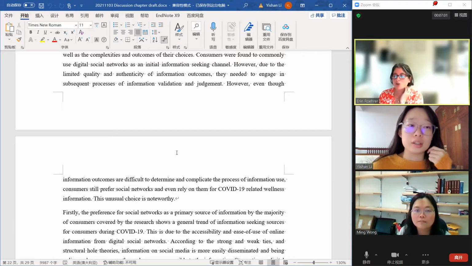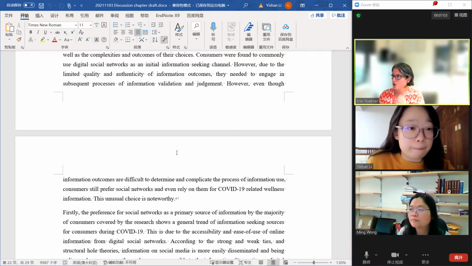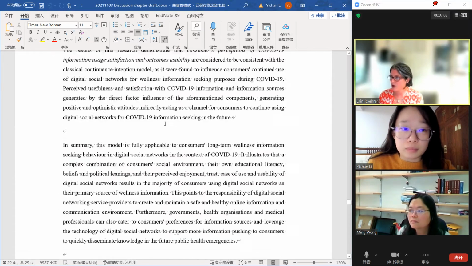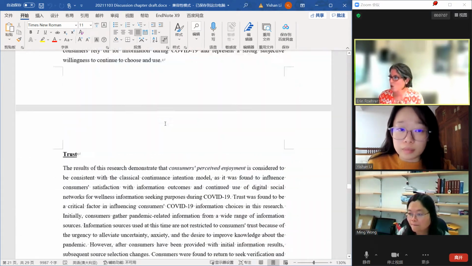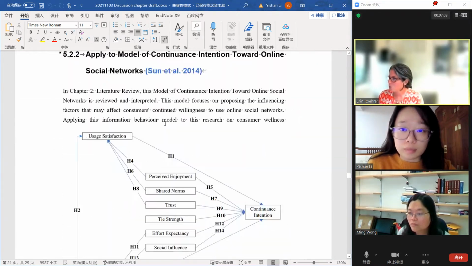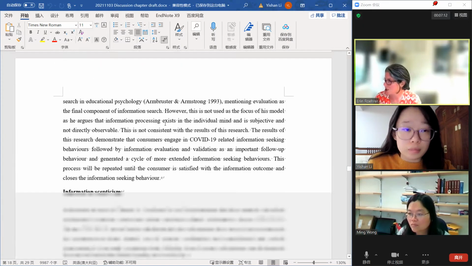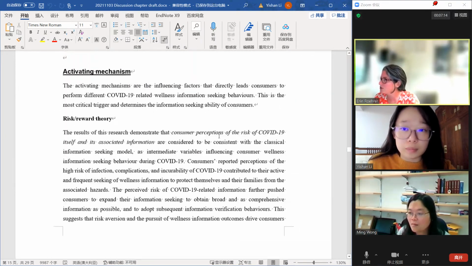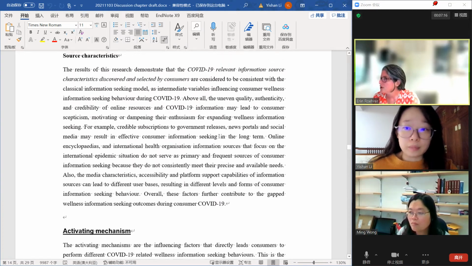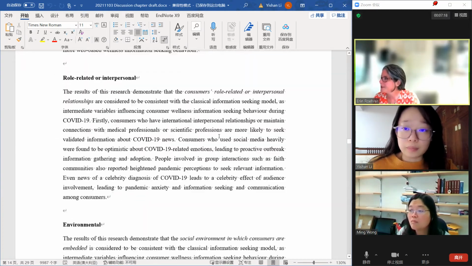Essentially, a good example is in section 5.2.1, where you're saying all essentially but one, which is self-efficacy.